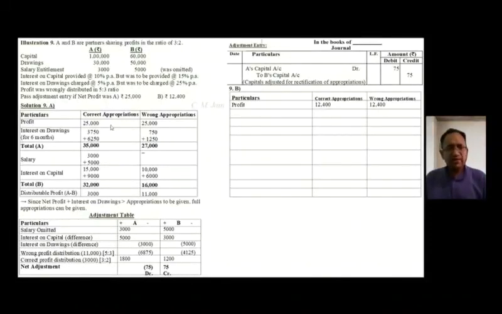We had already calculated interest on drawings in case A, so we can write the total directly now. In case of correct appropriations, what is the total? 3750 plus 6250, so 10,000. As per wrong appropriations, 750 plus 1250, so 2000.